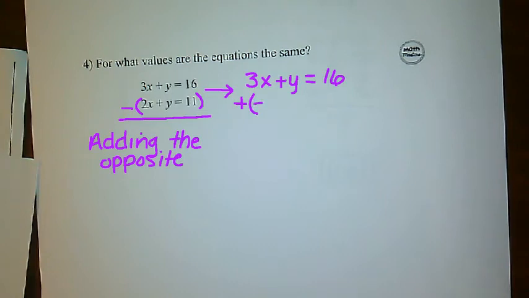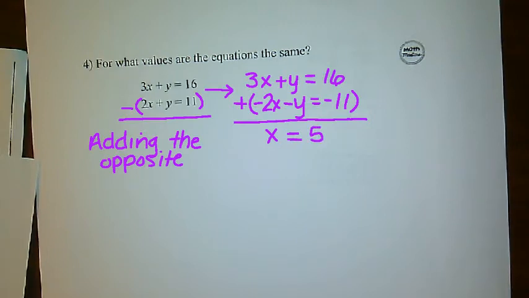And then every single term, I'm actually just going to write the opposite, or the additive inverse. So they're all positive numbers, so I'm going to change them all to negatives. So what I've done is I've just made it a lot easier to look at. If you can do it just by subtracting, just make sure you subtract like terms, and you have to subtract all the way down. Okay, so by doing what I've just done, you can just make sure that you definitely do this correctly. So I get x, my y's cancel out, equals 5. X equals 5.